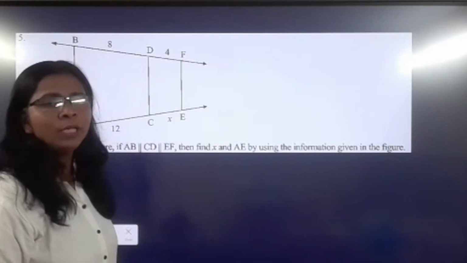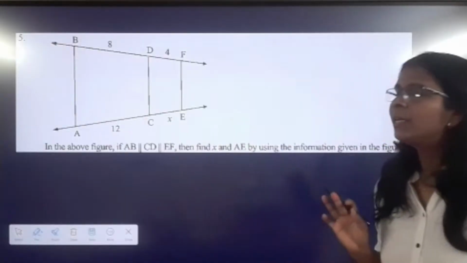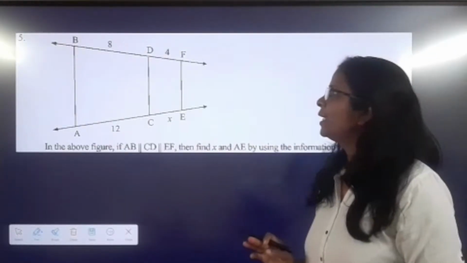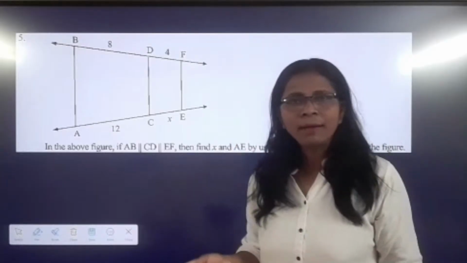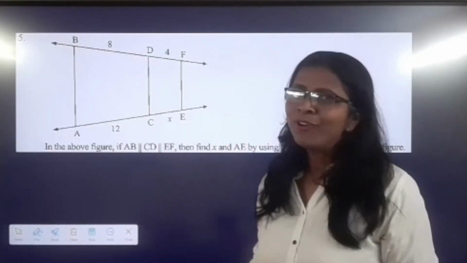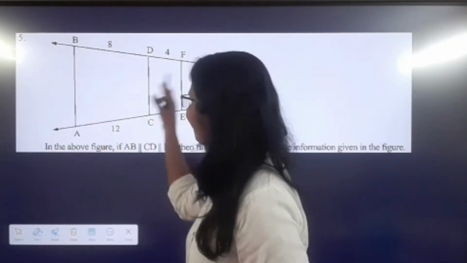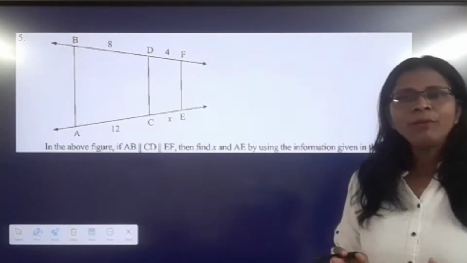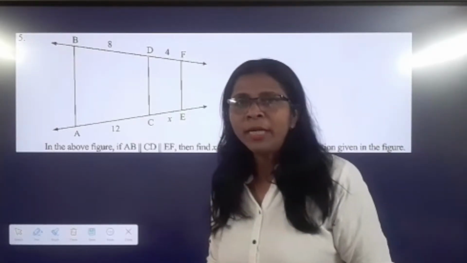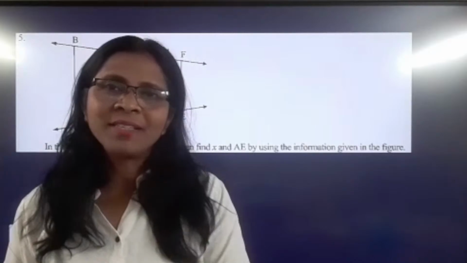So by using the information as per the figure, we can say that there are three parallel lines, and of course we can say that BD, BF and AE are the transversals. So here we can use the property of three parallel lines and their two transversals.